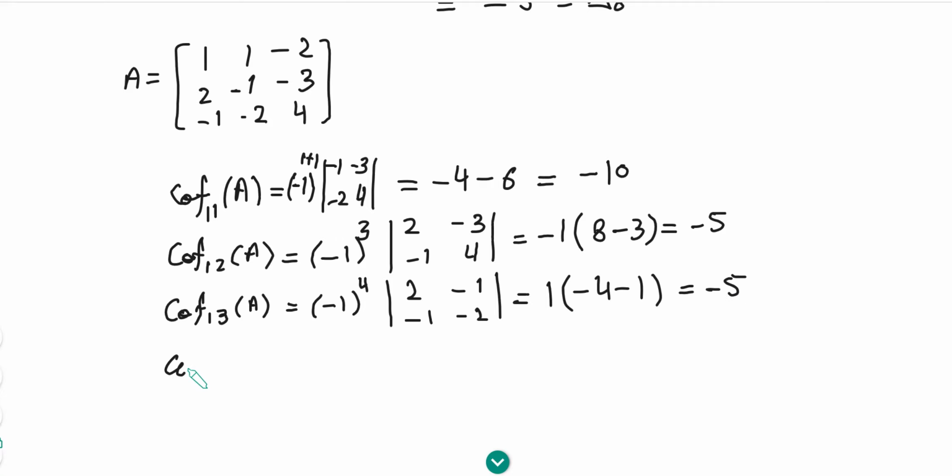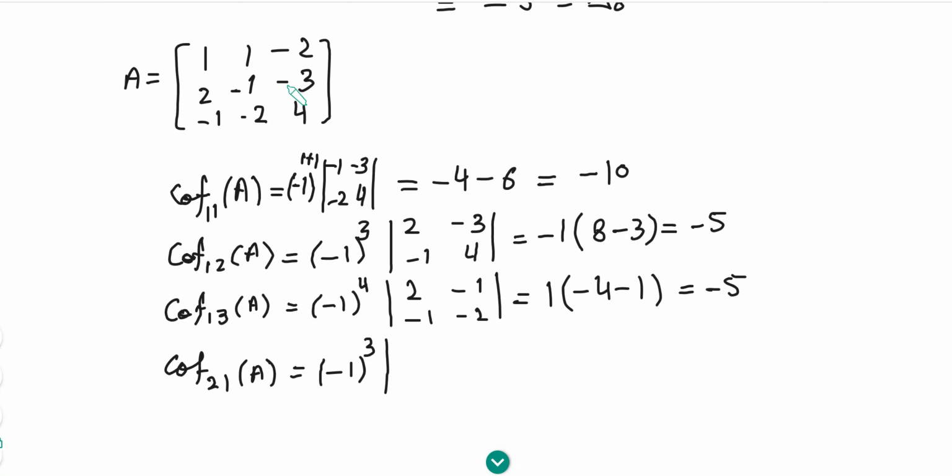Let's continue. We find the cofactor of row 2 and column 1. The first row has been done, so now we start our second row. Here again negative 1 power 2 plus 1 is 3, meaning negative 1 power 3, so we will get a negative sign there.